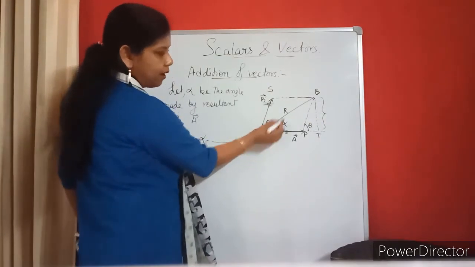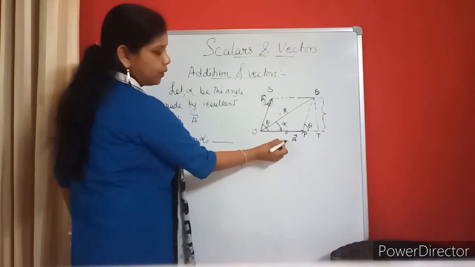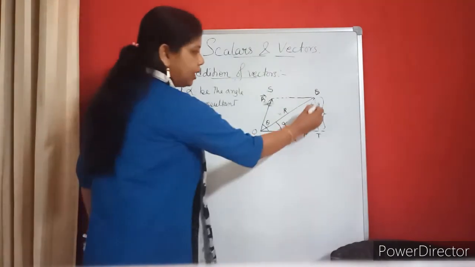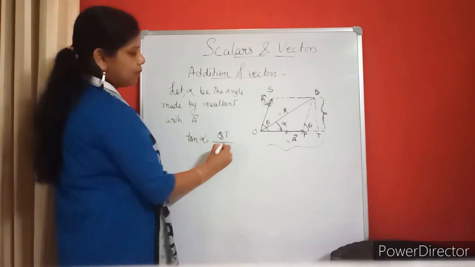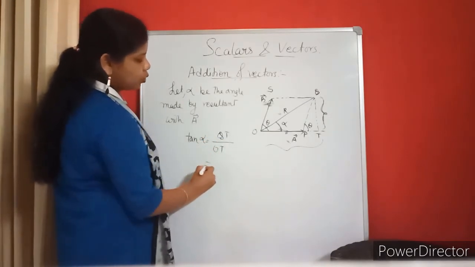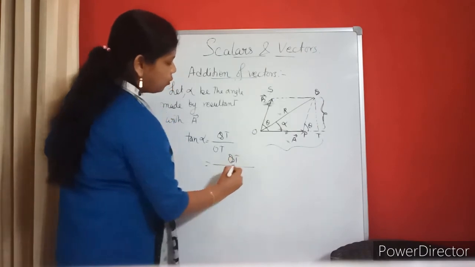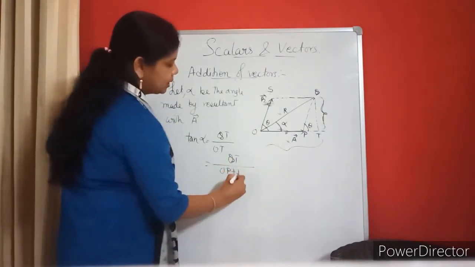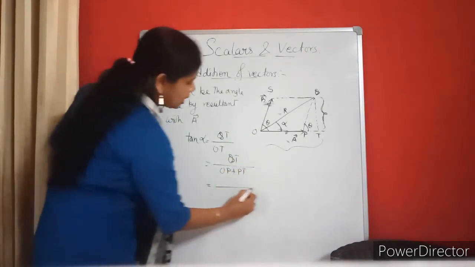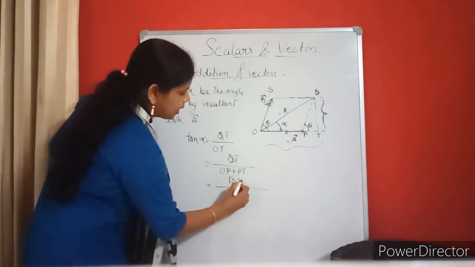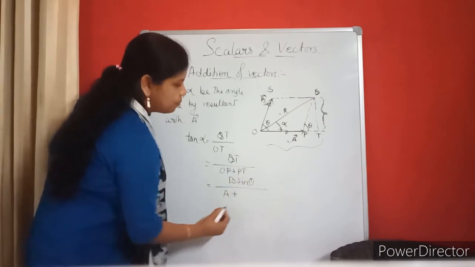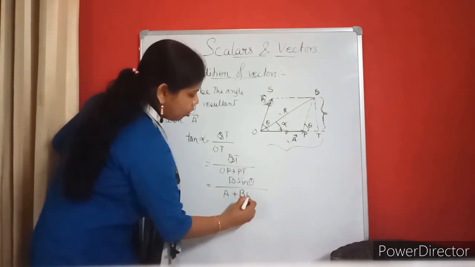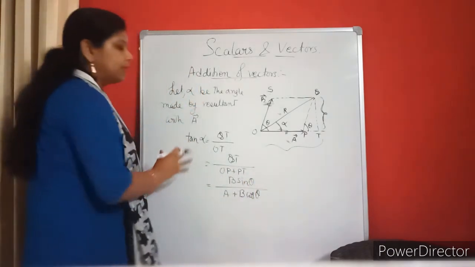If this is the alpha made by the resultant with A, then tan alpha will be perpendicular by base. Perpendicular is QT, base is OT. So again we can write QT over OT, which means OP plus PT. Now, what is QT? QT is B sine of theta. What is OP? A. Then plus, what is PT? PT means B cos of theta. So, we got tan alpha.